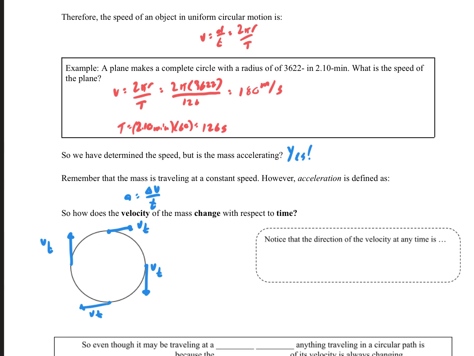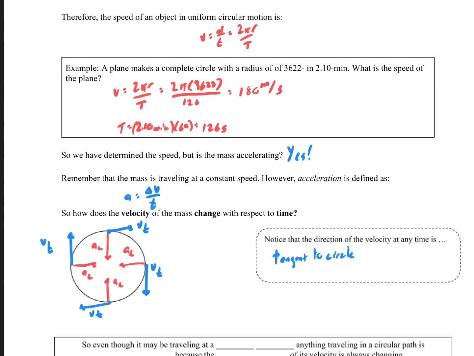That means there is an acceleration occurring, and for us, we're going to draw these centripetal accelerations. They're all directed towards the center. So first we notice that the velocity at any time is always tangent to the circle, and that acceleration is pointing to the center every time we do that.